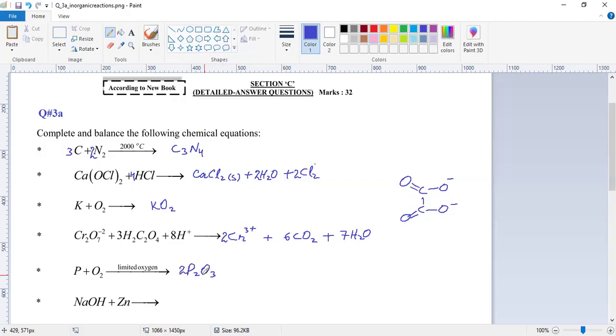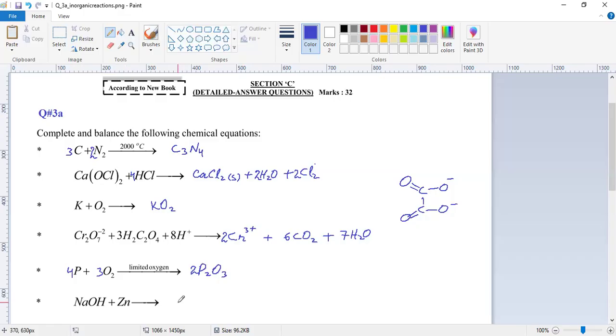So this is 2P2O5, and here we should balance the equation. Okay, so how many oxygen would be there? Two threes are six, so here should be six. So here three twos are six, and two twos are four. So now this equation is also balanced.